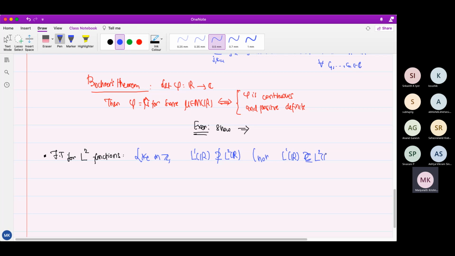Neither is true. In integers, L1 was contained in L2. In circles, L1 contains L2. But here in the real line, neither is true. So how to define the Fourier transform of an L2 function? That is the question. The idea is similar. First, let me give the broad outline. So, basic point.